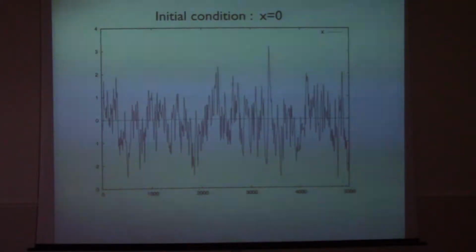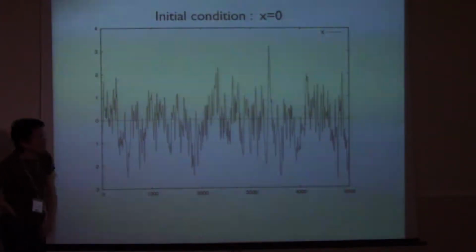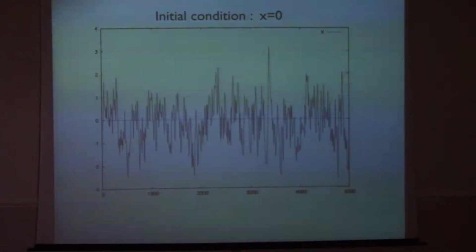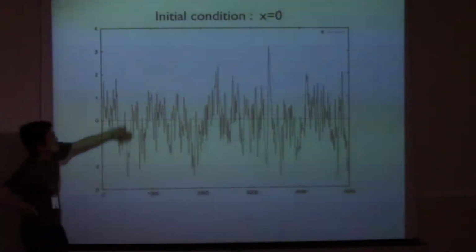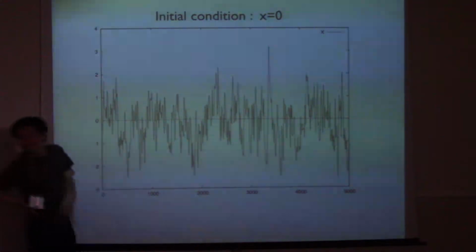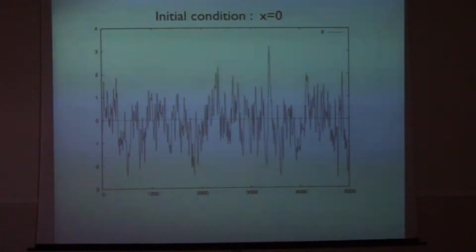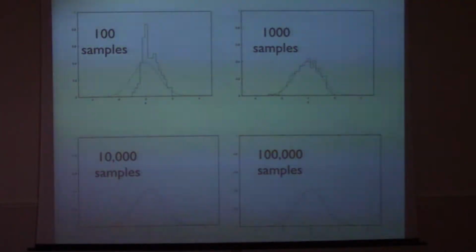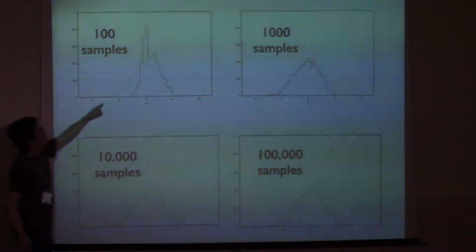So if you generate x this way, you get this. Here I just started with x equal to 0 and used this algorithm to get the chain of values of x. Starting with x equal to 0, it fluctuates around 0. And if you see the distribution of these values, with 100 samples, you get this.